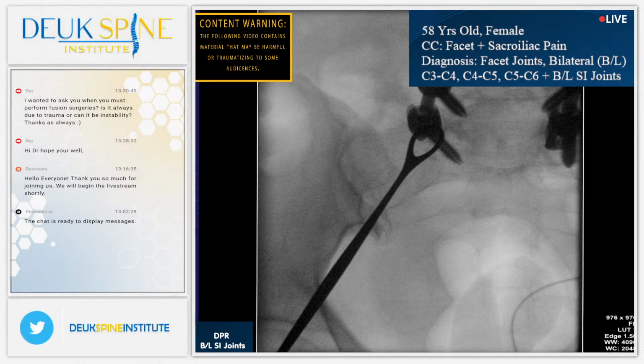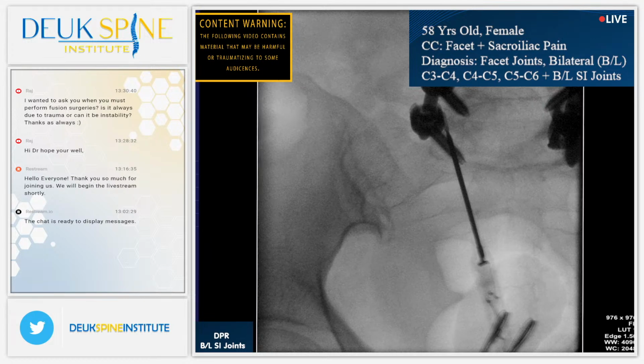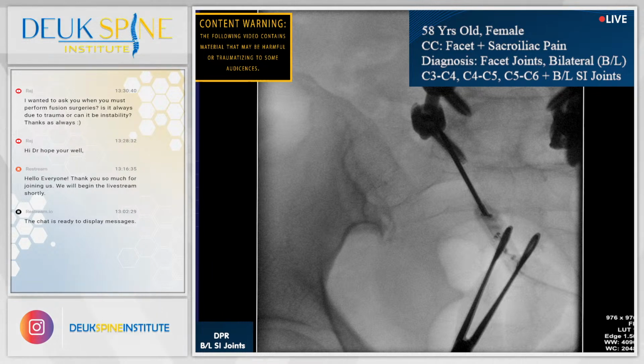Okay, so we're going to be doing a bilateral SI joint Deuk plasma rhizotomy. Get down to the pain nerves, and we're going to destroy the pain nerves to the SI joint. So that's what I'm working on right now. Getting down. You can see the hardware, by the way, right? Everybody see the screws and rods?